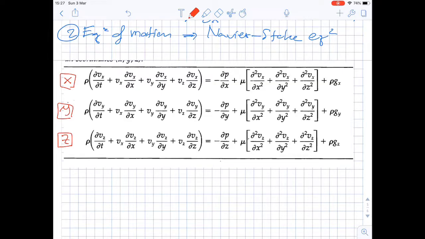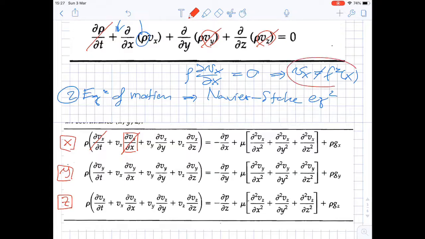In x momentum, the steady state term, the whole term turns to be 0. Vx is not a function of x according to what we found here. Vx is a function of y, but Vy is 0, Vz is 0. We have pressure gradient in x direction, so this term is supposed to be kept.